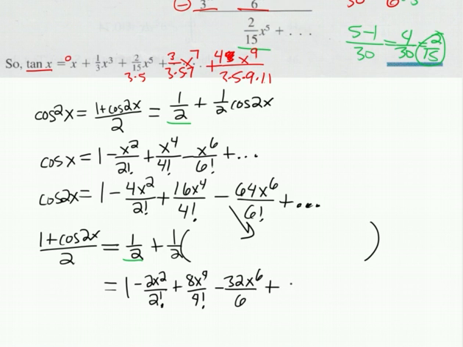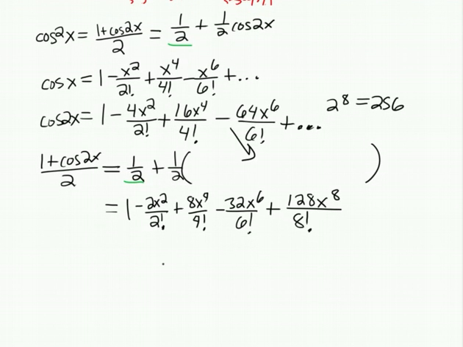The next one would be 2 squared, 2 to the 4th, 2 to the 6th, so this would be 2 to the 8th, which is, I think, 256. 256 over 2 would be 128. Is that right? Yeah, 128 x to the 8th over 8 factorial.